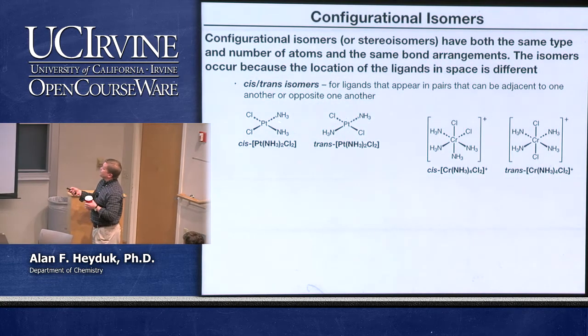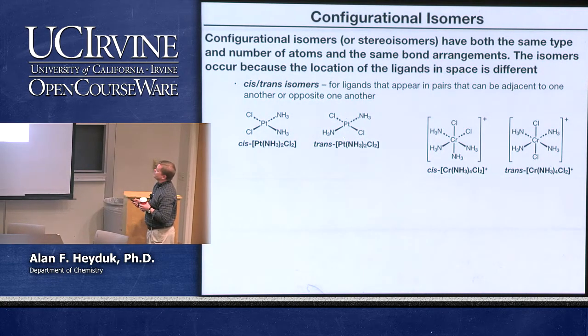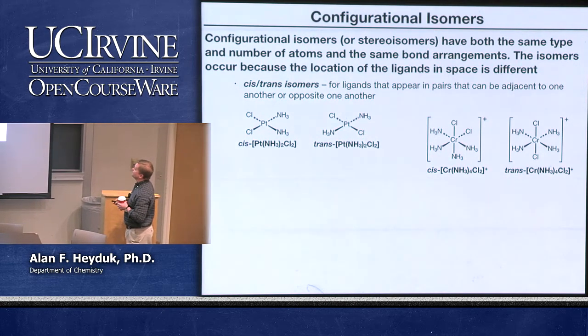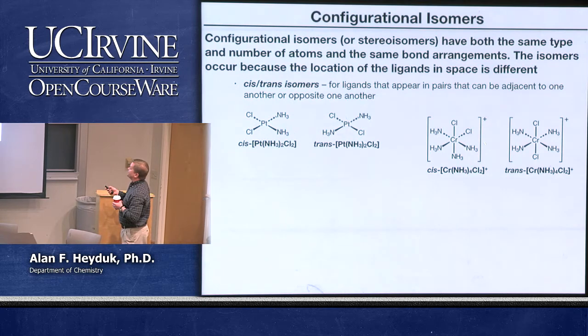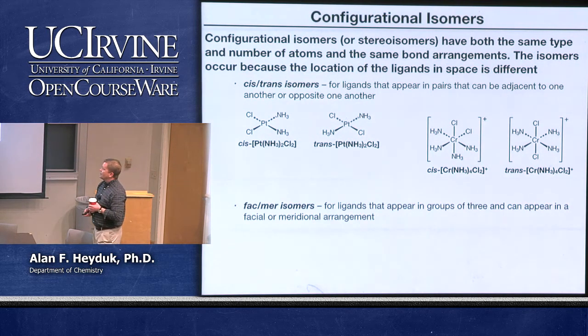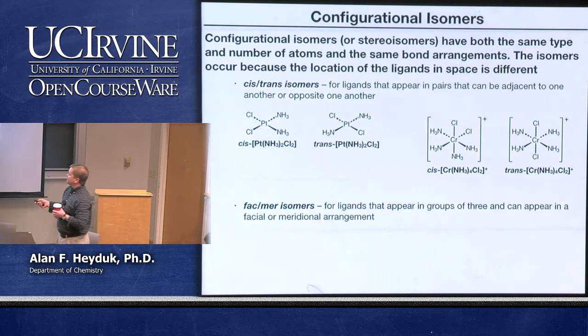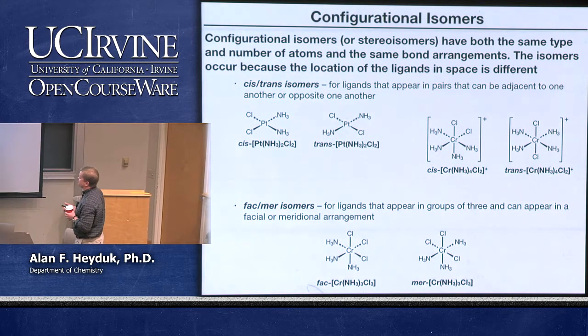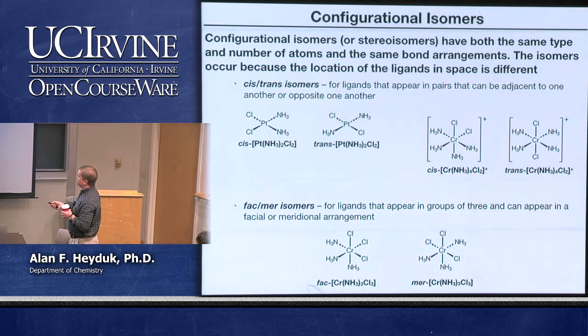So there's an example. There's our favorite cancer drug example, cisplatin versus transplatin. Again, in an octahedral complex, you can have the two chlorides cis to one another, or you can have them trans to one another. We've already seen FAC and MER isomers. Same idea, except the ligands appear in pairs or in threes instead of twos.